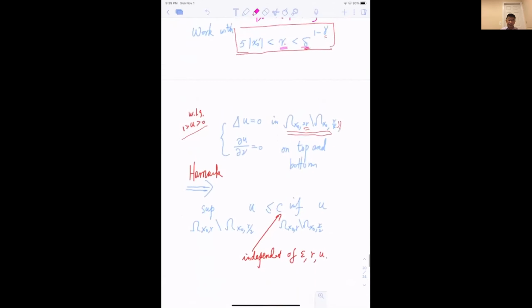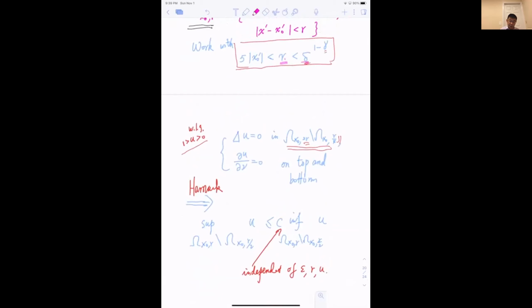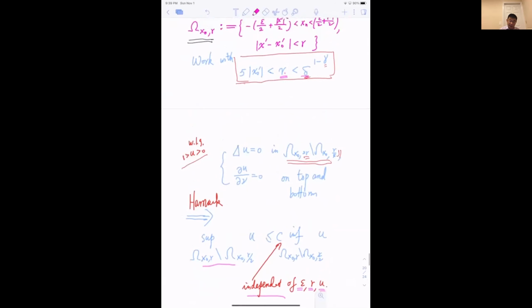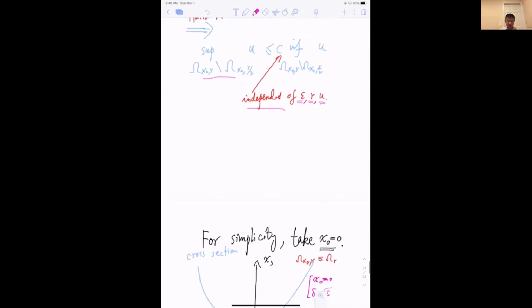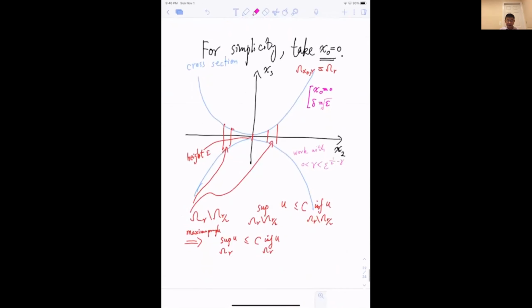Then we prove a Harnack inequality: the sup is less than C times the inf. This constant C is independent of R, independent of epsilon, and independent of u. So as long as your R is kept in this range, you have a uniform C. For simplicity, if x0 is just the origin, then we are taking a cylinder like this, where the shape is not too twisted, so it's easier to visualize.